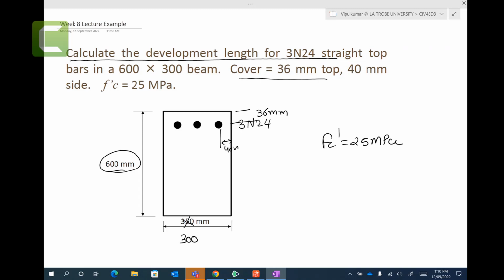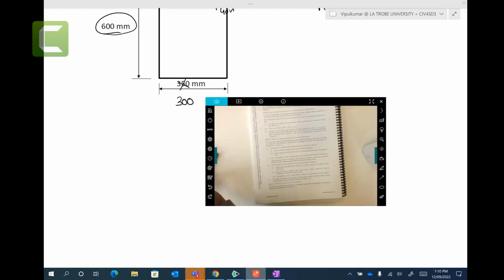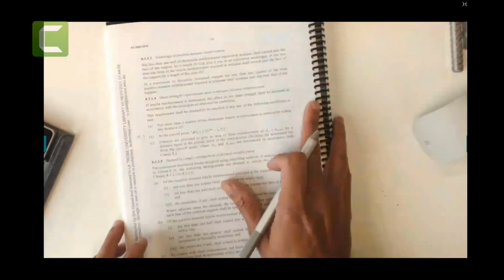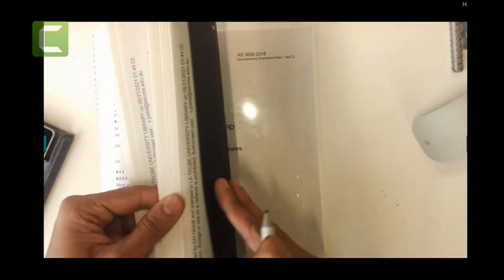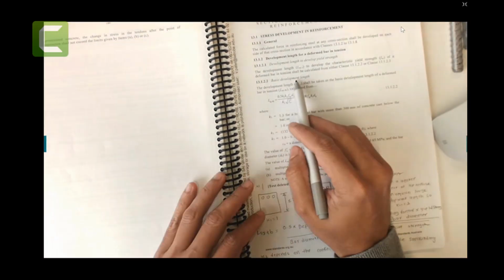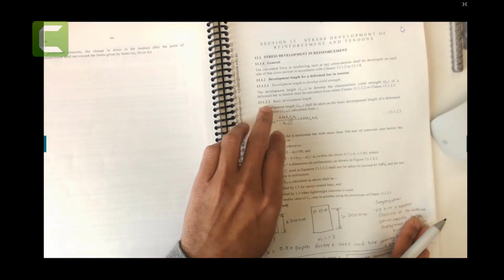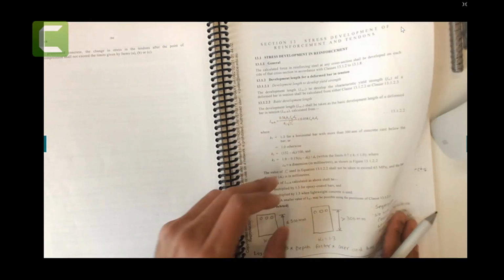Now the development length is, and by the way, there are two. I think in the workshop I will cover the second one, but the first one, section 13, I did not cover in my lectures, but I think we will take an example just for your information. So we have a basic development length that is 13.1.2. We're going to focus on this one first.